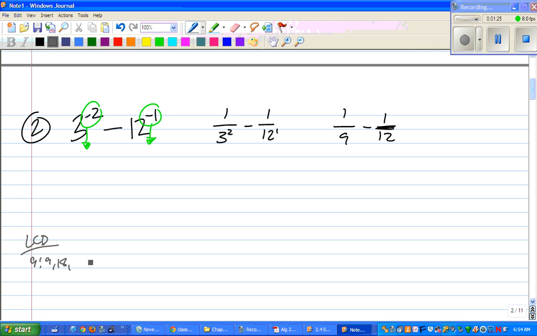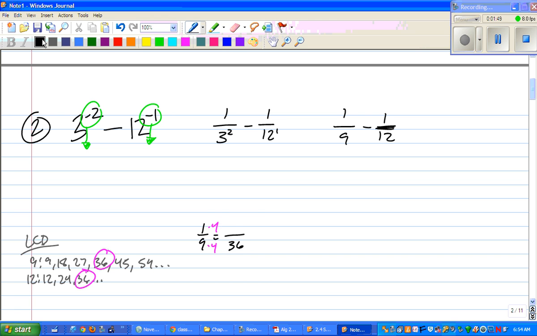So 9, 18, 27, 36, 45, 54. Count by 12s, 12, 24, 36. Alright, so 1 over 9 equals what over 36?